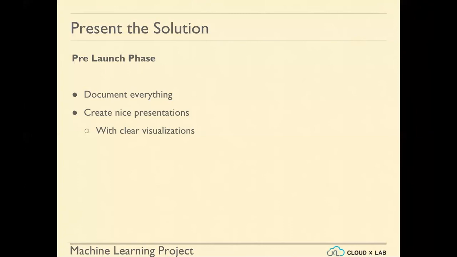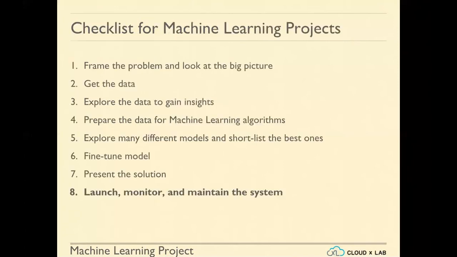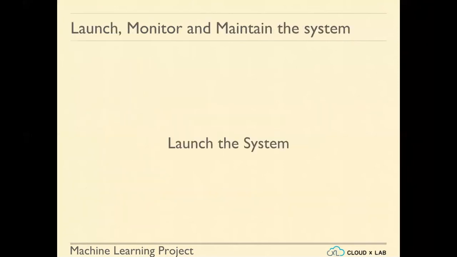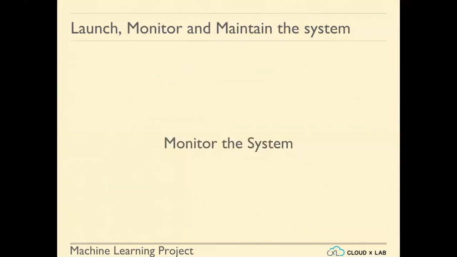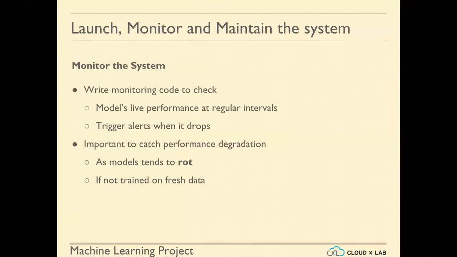And you should always list down the priorities of parameters in your data, right? Once you're done presenting the solution, you should launch the system. Prepare the solution for production, plugging in the production inputs and data sources, and then once you have launched it, you will have to monitor it.